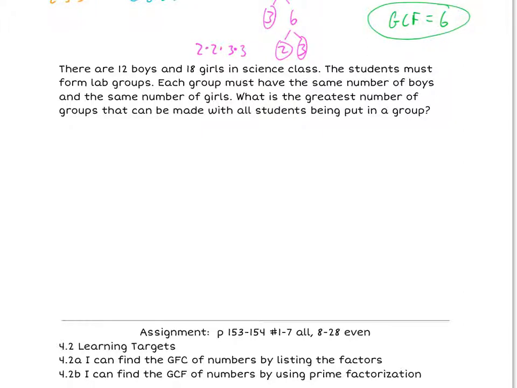Do we do a 12 and 18 factor tree? So we would do a 12 and an 18 factor tree. That's one way to do it. Or if you want to do the list method, you could do that. I'll do the factor trees just to show that one more time.